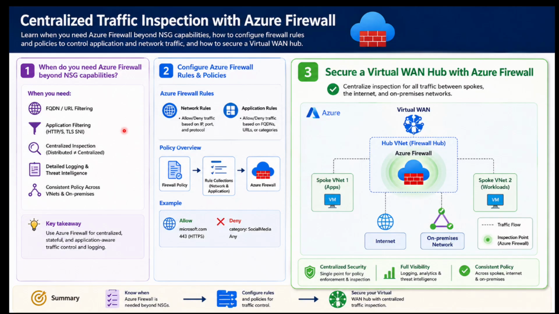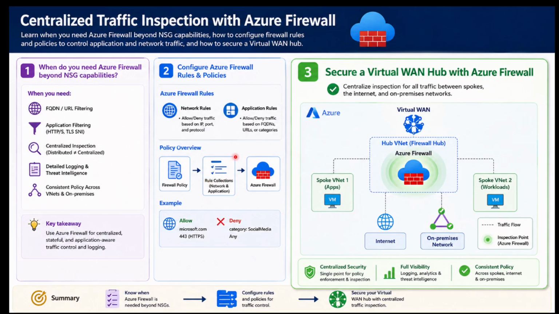If we look at the requirement for what's going on here, we started with isolating traffic and preventing people from connecting directly to the SQL database, that kind of stuff.